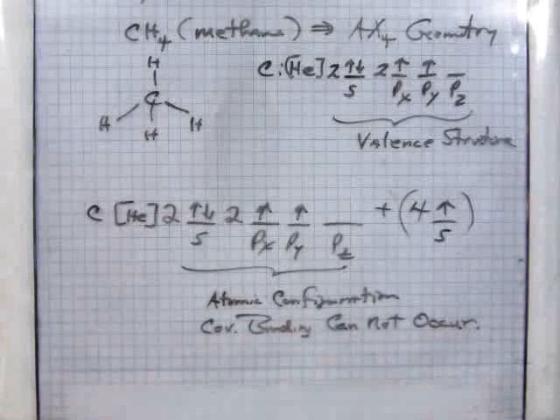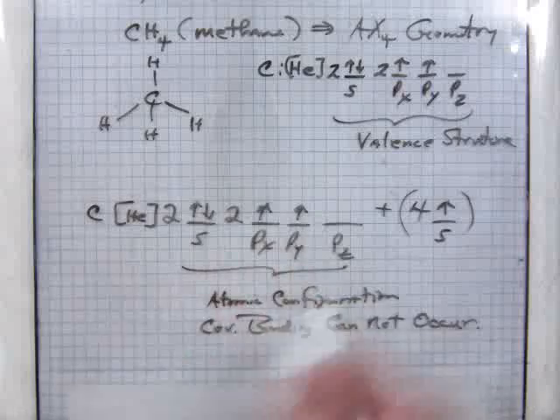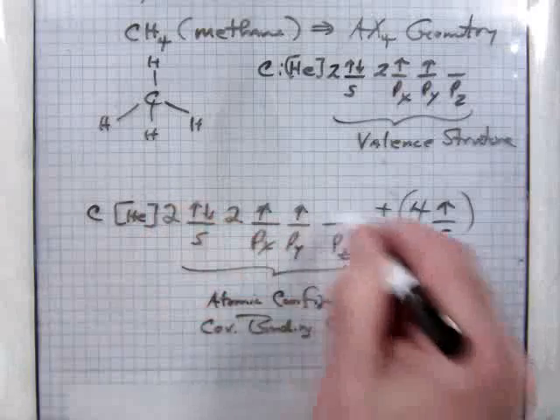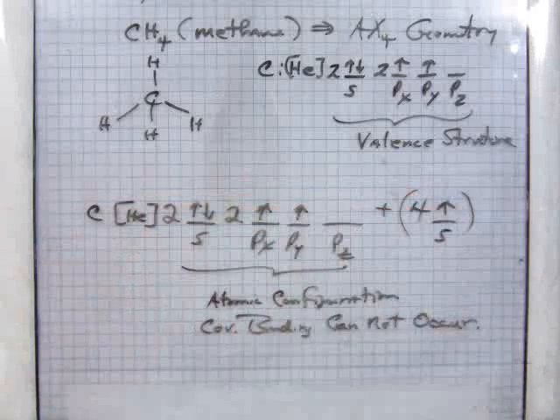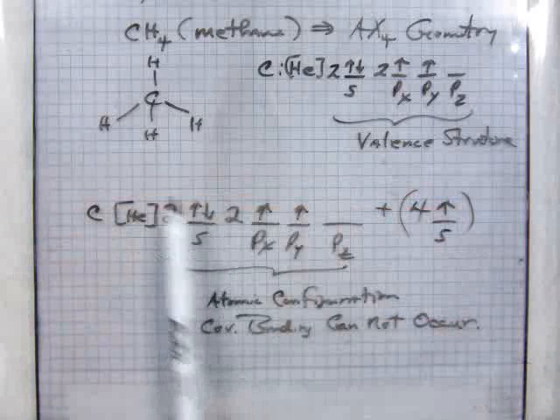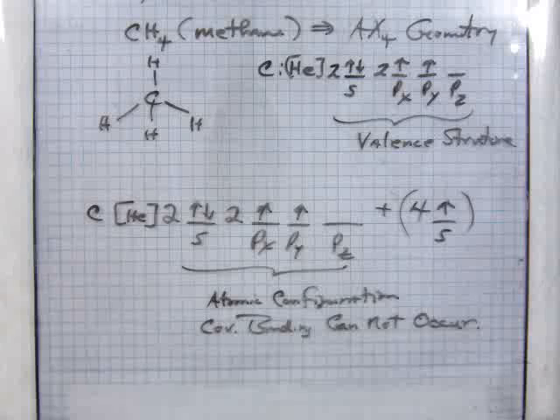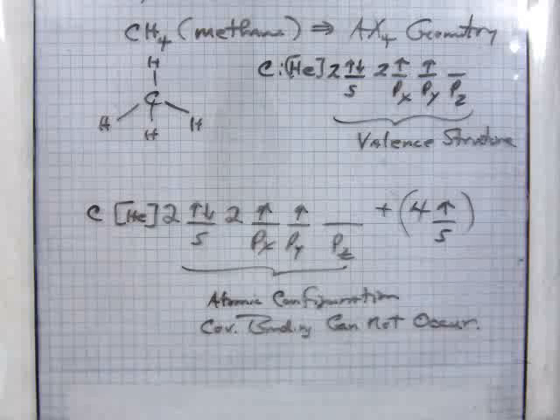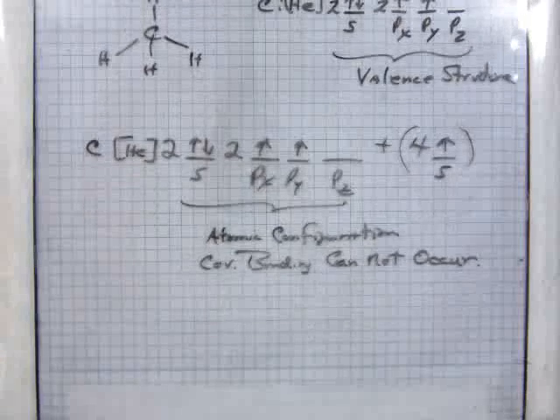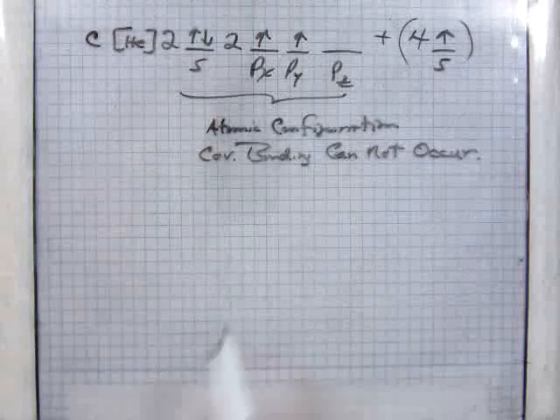So what has to happen is that this valence structure, which constitutes all of this part here, the 2s and the 2p structures, has to undergo a change so that it accommodates the 4 incoming electrons to form the bond. And that is what we call hybridization.